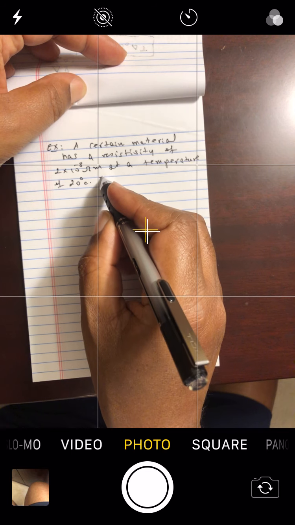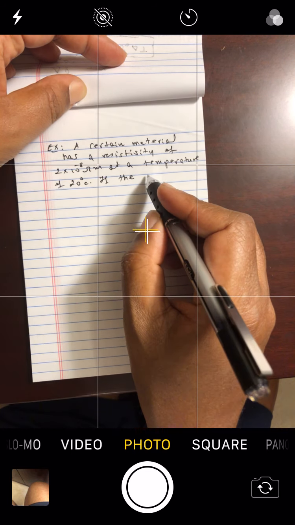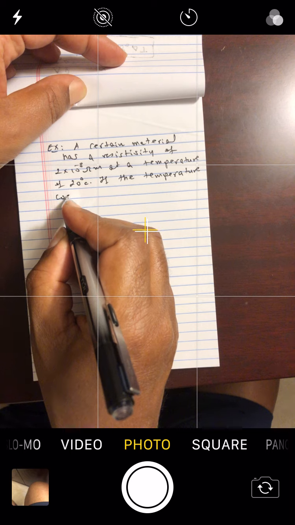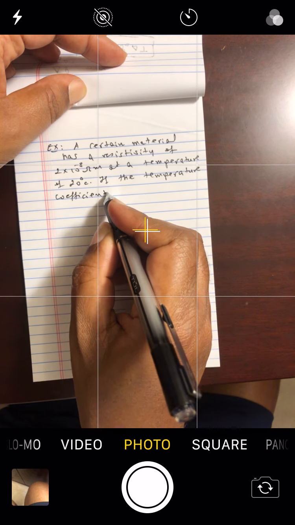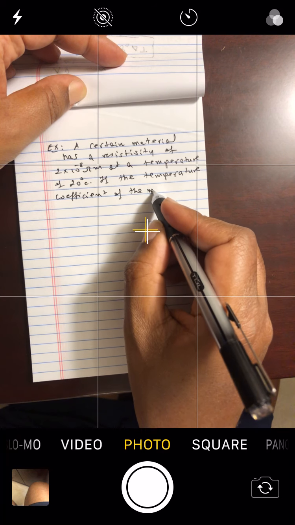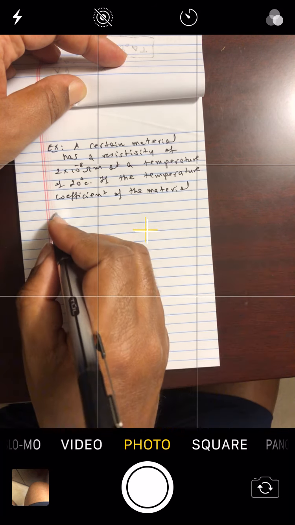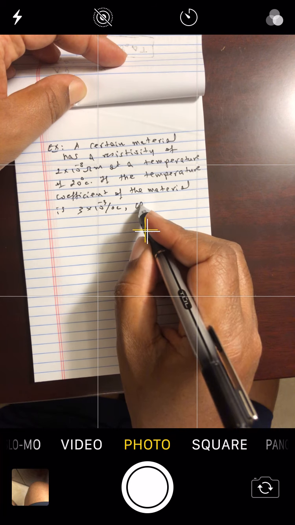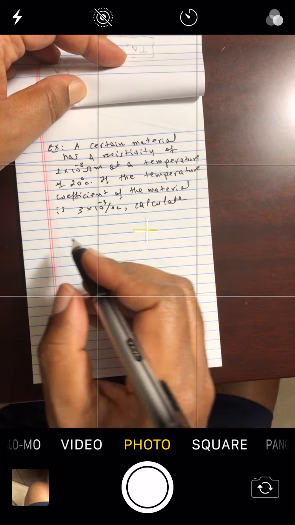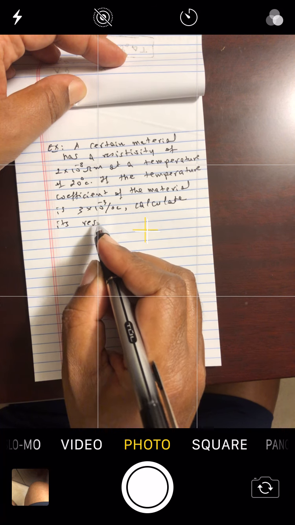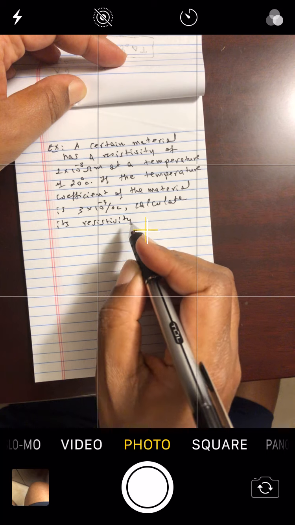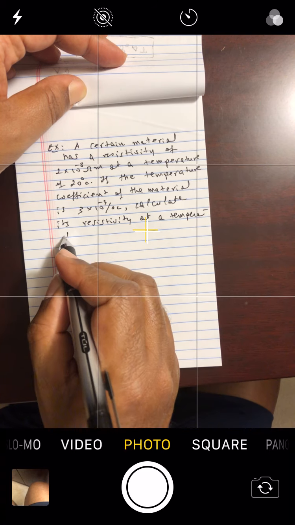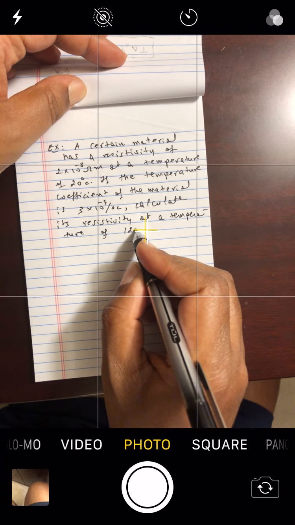The question is, if the temperature coefficient of the material is, let's say, 3 times 10 to the power of negative 3 per degree centigrade, calculate its resistivity at a temperature of 120 degrees centigrade.